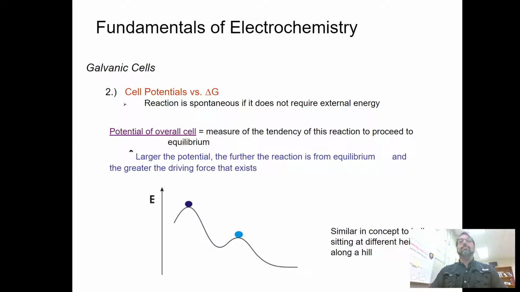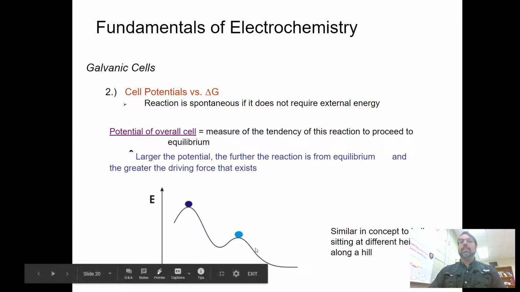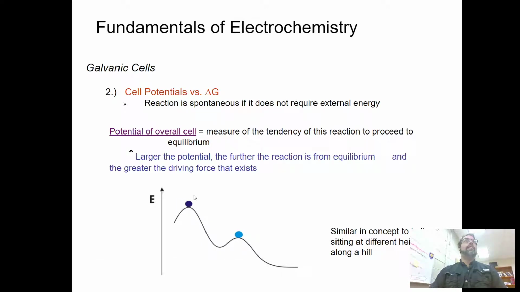So essentially, cell potential is our potential for movement, and the higher it is up our line, the more likely that we're going to have movement, okay? You want to think about it as cell potential energy that's going on here.